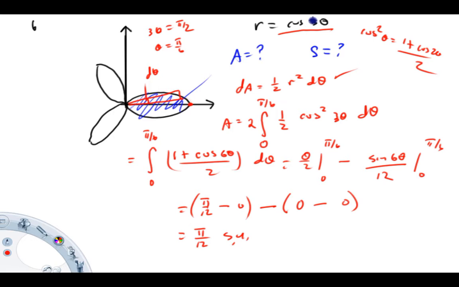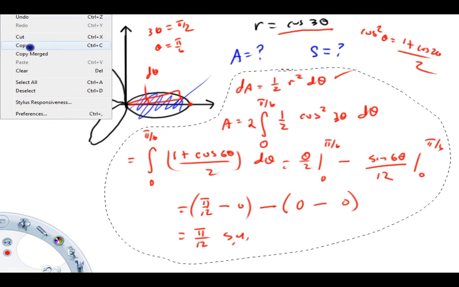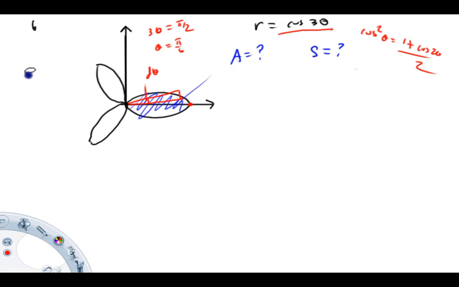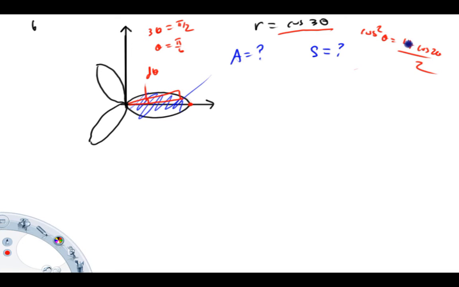All right, so now I think what I'll do here is look at an arc length calculation while we're sitting right here looking at it. So first, I'm going to get rid of this. I don't need this anymore. Now to do an arc length calculation, we're going to need to draw an arc length element.